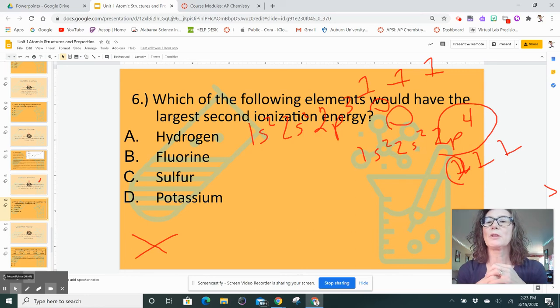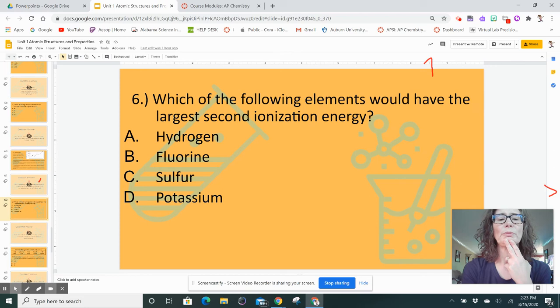Which of the following elements would have the largest second ionization energy? Okay. Well, it can't be A, because hydrogen doesn't have a second electron.